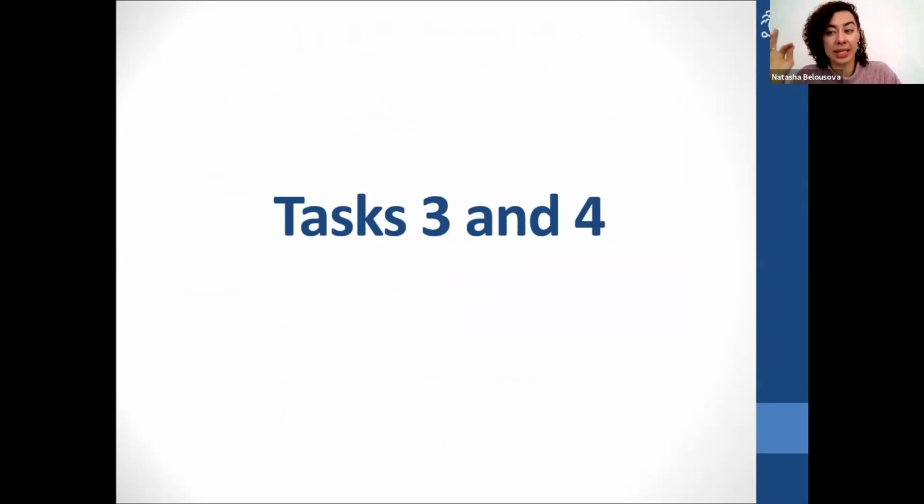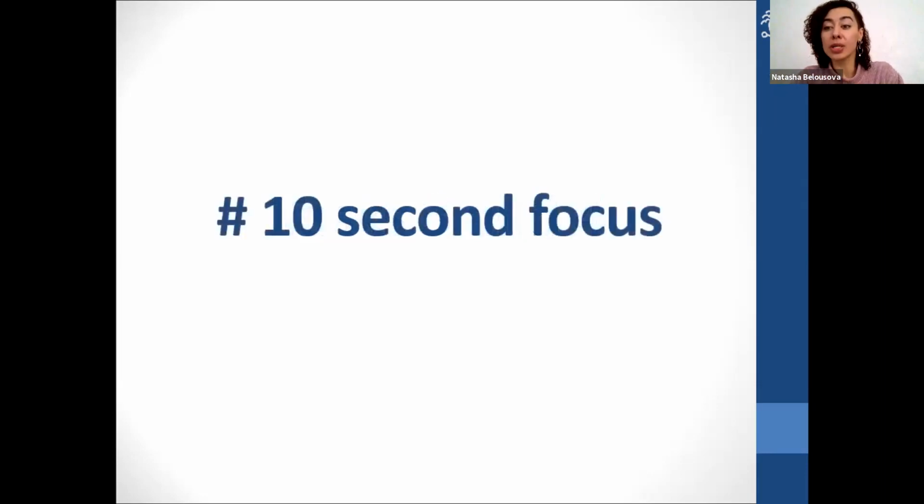Noticing is also a skill. And the ability to categorize and put things together is called 10-second focus. I'd like us to do this task together now, if you don't mind, okay? But again, I can't control you, so please be mature.